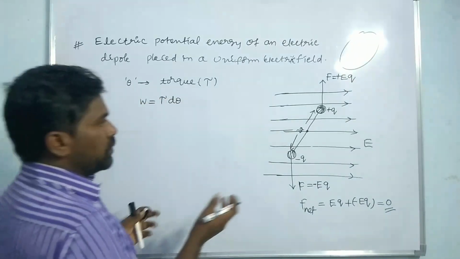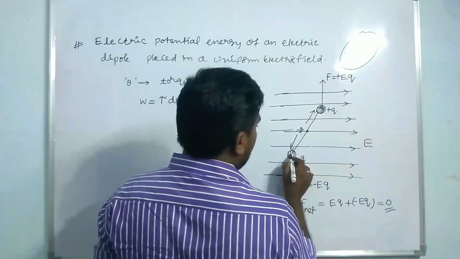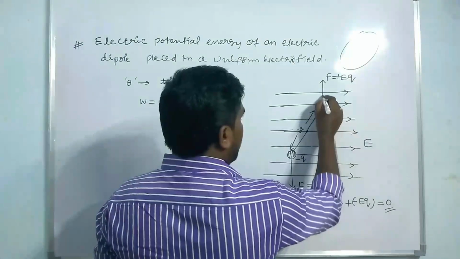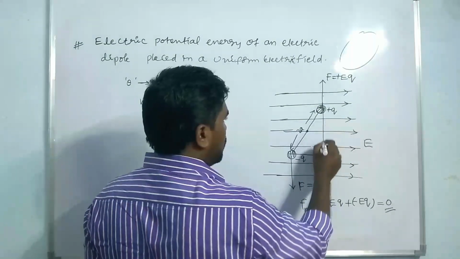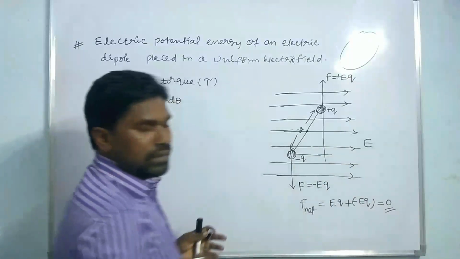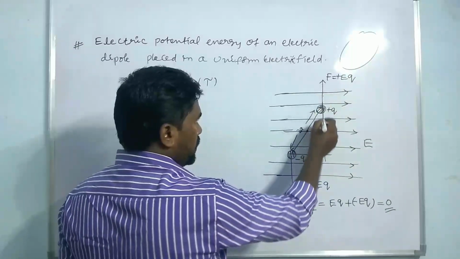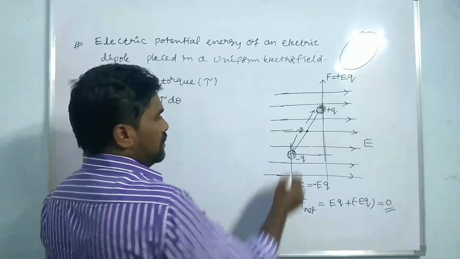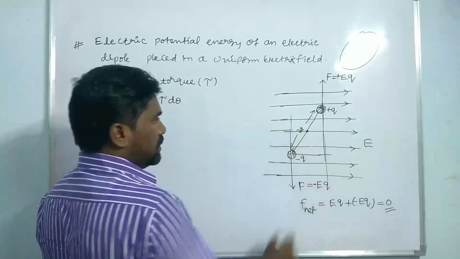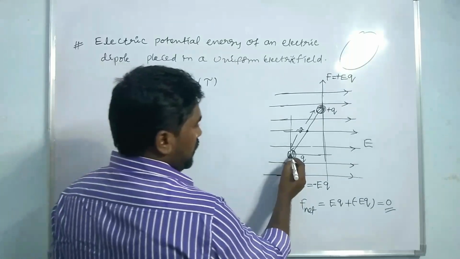How much torque is acting here? The torque is equal to the force into the perpendicular distance. This force acts in this direction, and this force acts in this direction. The force is of course EQ, plus EQ and minus EQ, into the perpendicular distance.